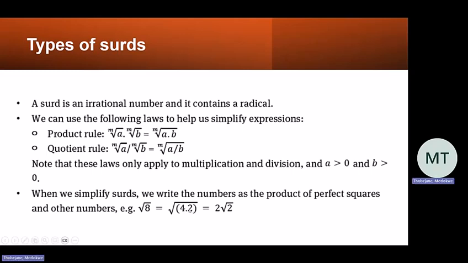Now we can apply the product rule. The square root of this is a product rule, and you can take it back this side. So it will be the square root of 4 times the square root of 2.